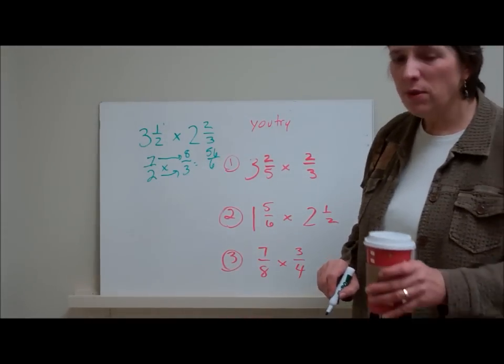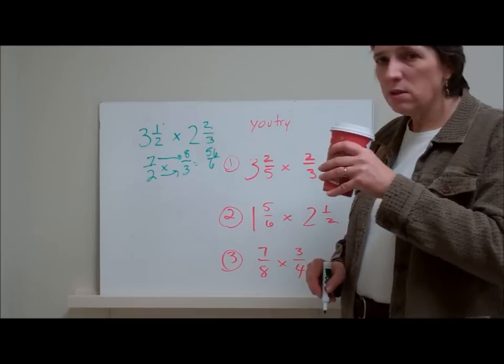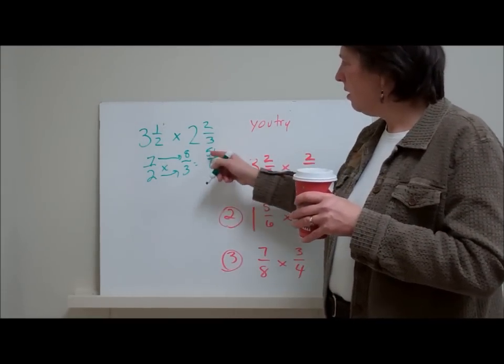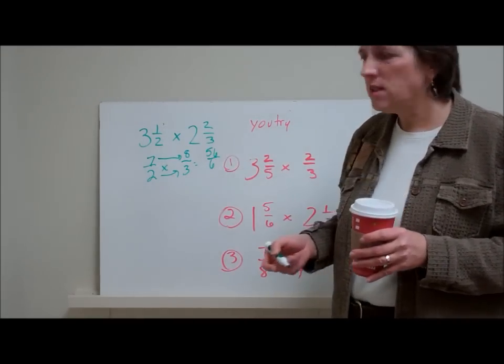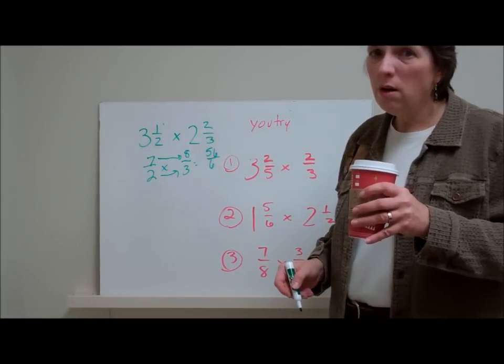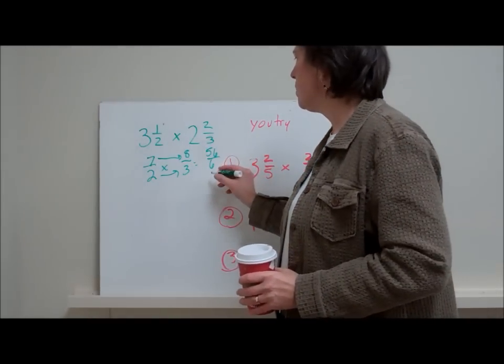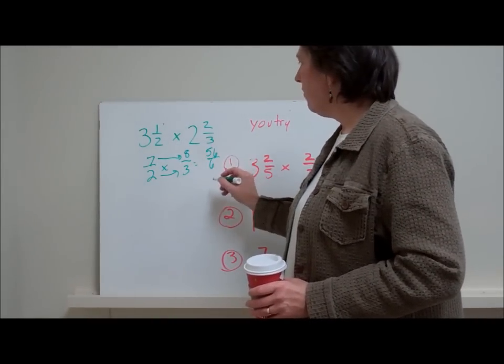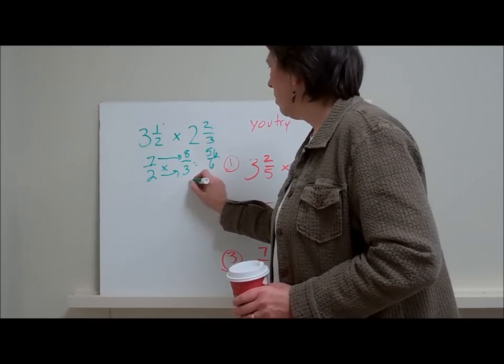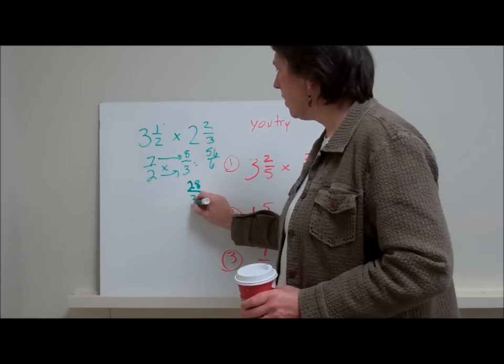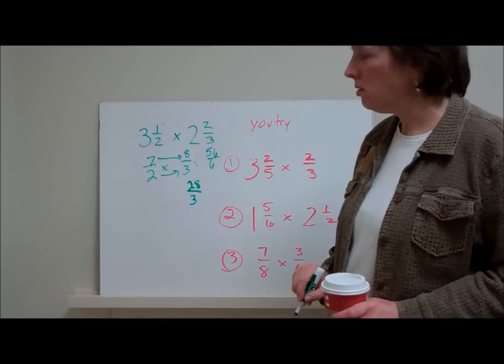We have to simplify that. What do you think it is? Use divisibility rules. Well, 5 and 6 is 11, that doesn't help us, but they are both what? Even. So they're divisible by 2. So 2 goes into 56 28 times, and 2 goes into 6 3 times, and that's my final answer.